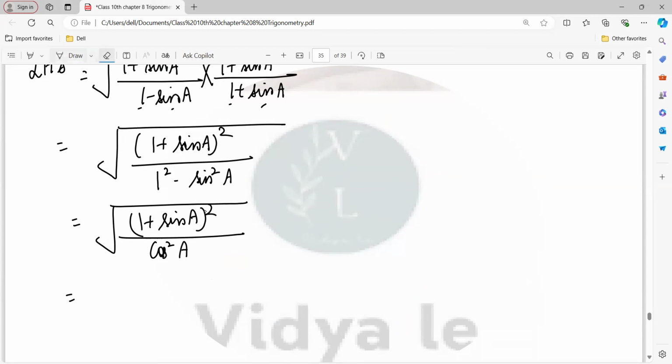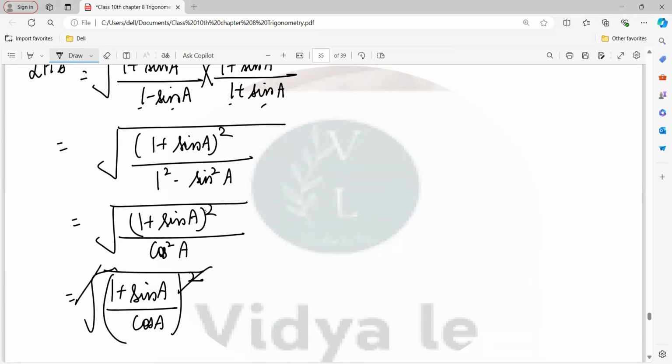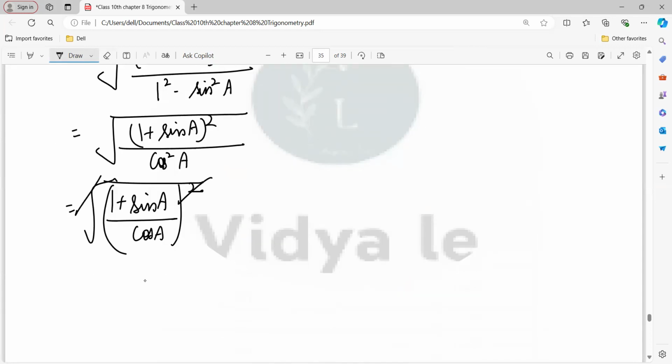So we'll get 1 plus sine A upon cos A, taking the square common and cancelling it with the square root. So we are left with no square root. Now we have cancelled it.